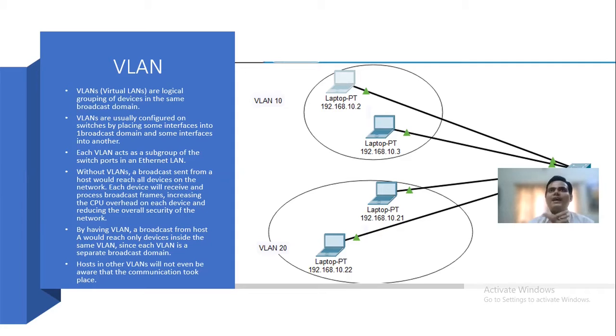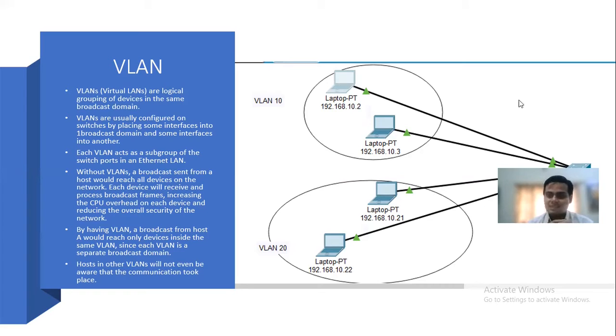Now, suppose I have a university. Let us take the example of NIT University. We have around 1,000 computers that are connected using one switch. Ideally speaking, all the 1,000 computers should be able to communicate with each other because they're connected via the same switch.